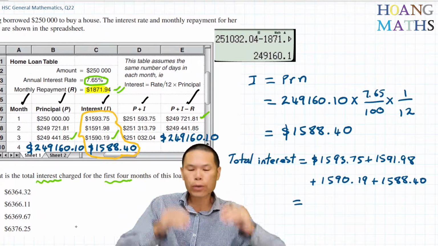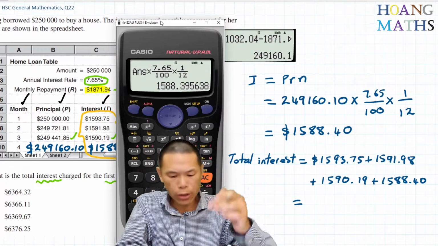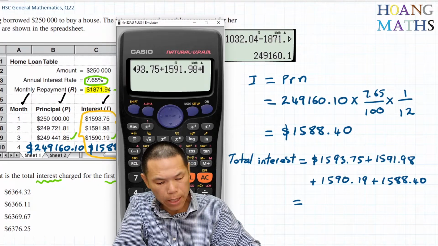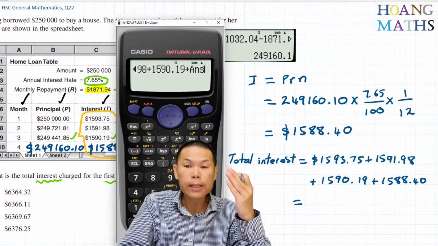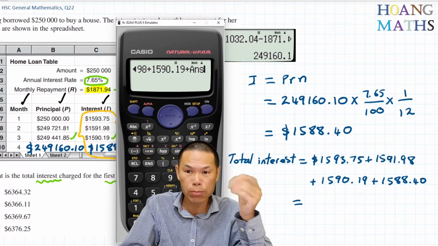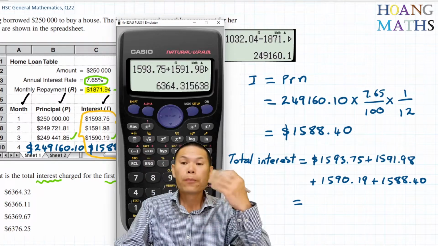So now I just put it down on a calculator. 1593.75 plus 1591.98 plus 1590.19 plus the last number, which is $1,588.40, okay?